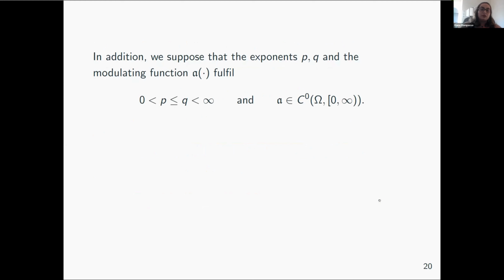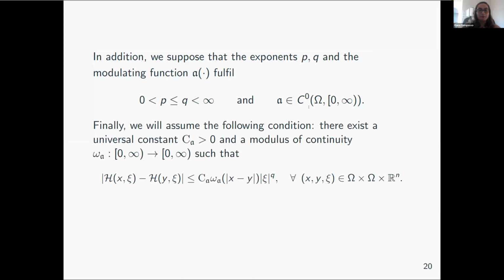In addition, we are supposing that the exponents p and q are positive, p is less than or equal to q and bounded, and the function A is continuous. Finally, we assume that there exists a universal constant C_A and a modulus of continuity omega_A such that this condition happens.